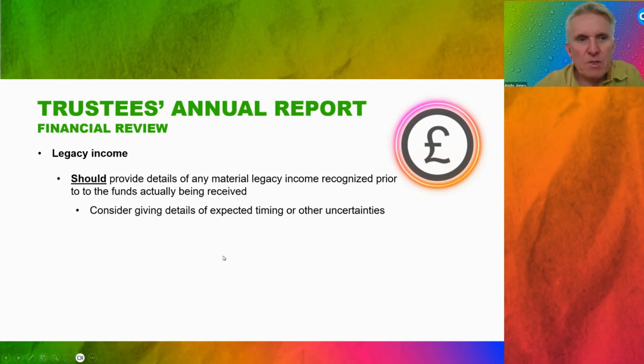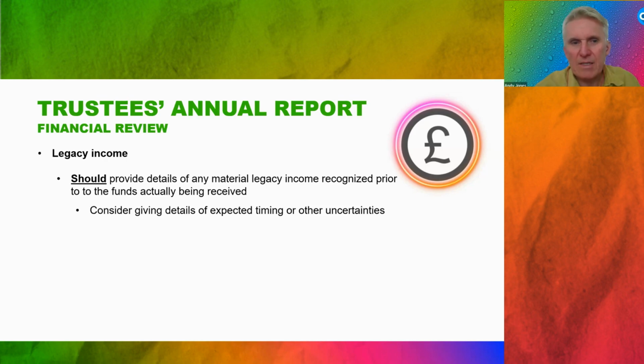A couple of other items are around financial review. Legacy income. This is just something that has a bit of extra emphasis in the financial review section: you should provide details of any material legacy income that you've recognised in advance of the funds actually being received.